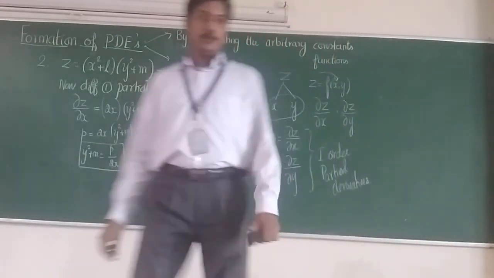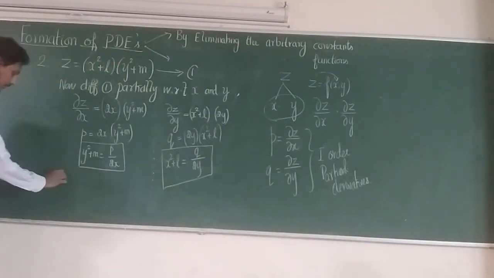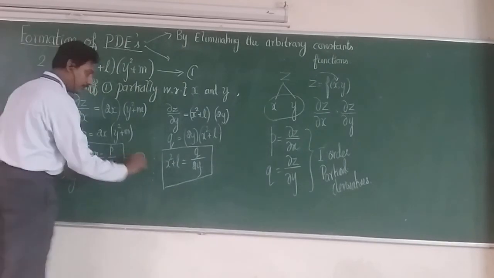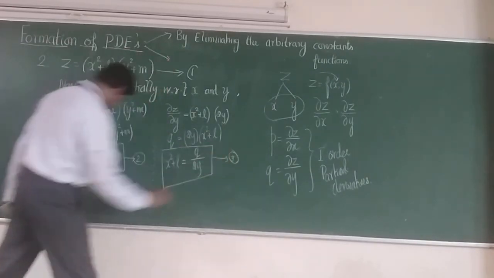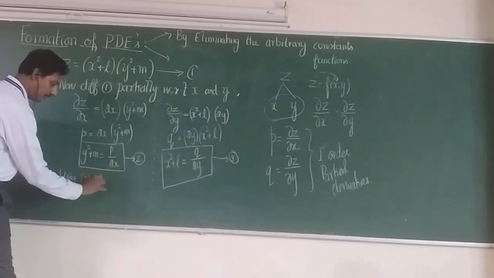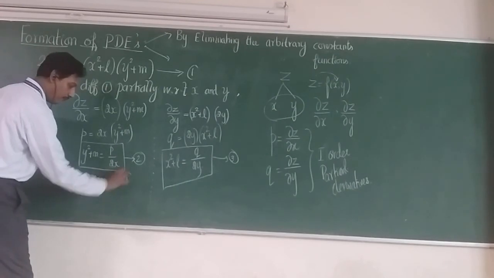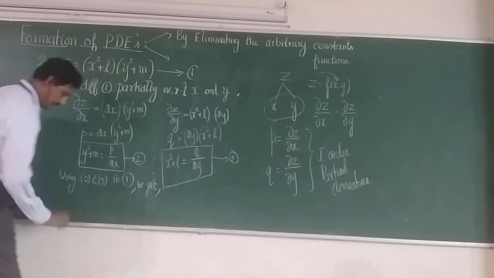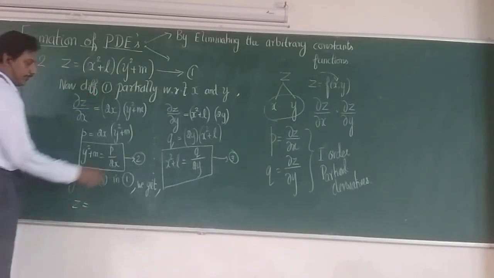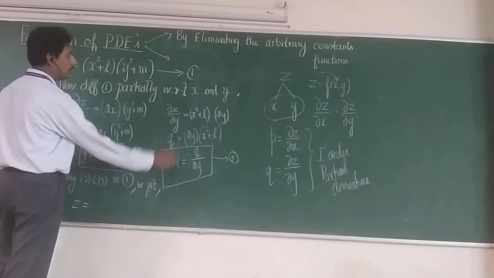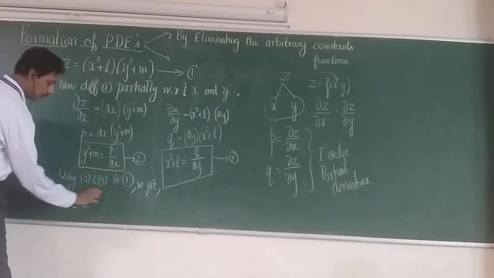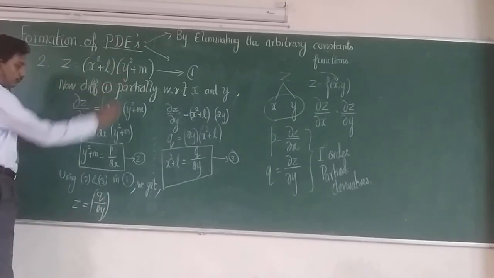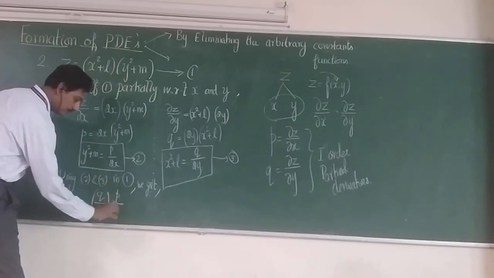Now using the y squared plus m value, which we name as equation number 2, and x squared plus l as equation number 3. Using equations 2 and 3 in the given relation number 1, we get z is equal to, x squared plus l is q by 2y, and the y squared plus m value from equation number 2 is p by 2x.